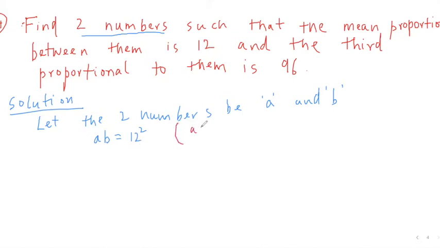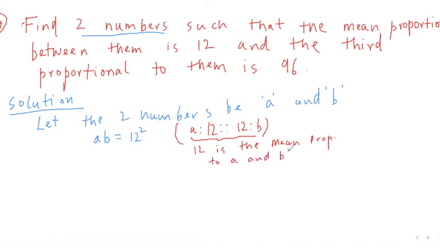Which is from A is to 12 is to B, a way of expressing the fact that 12 is the mean proportional to A and B. This is a way of expressing that sentence.